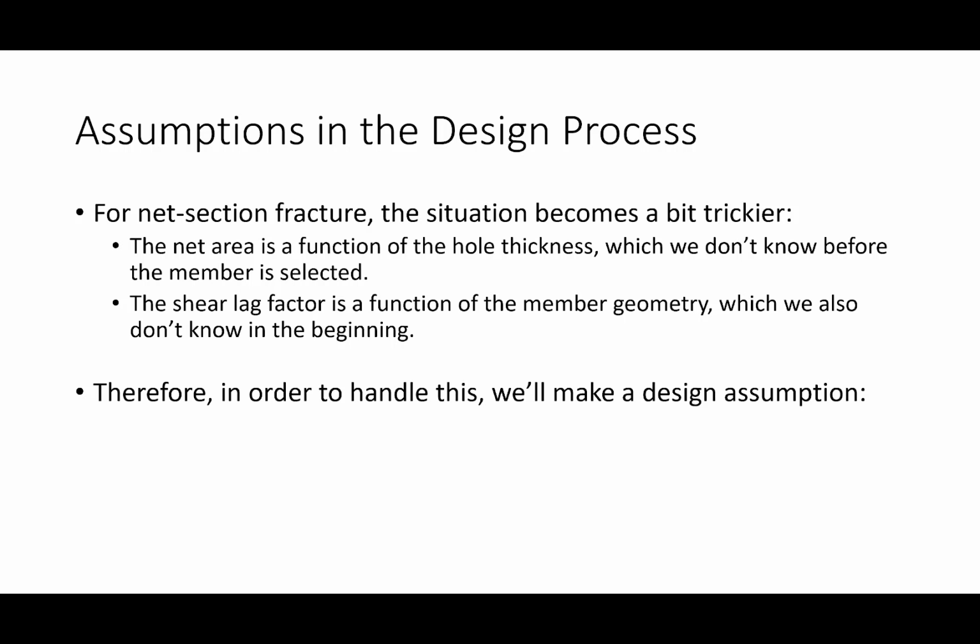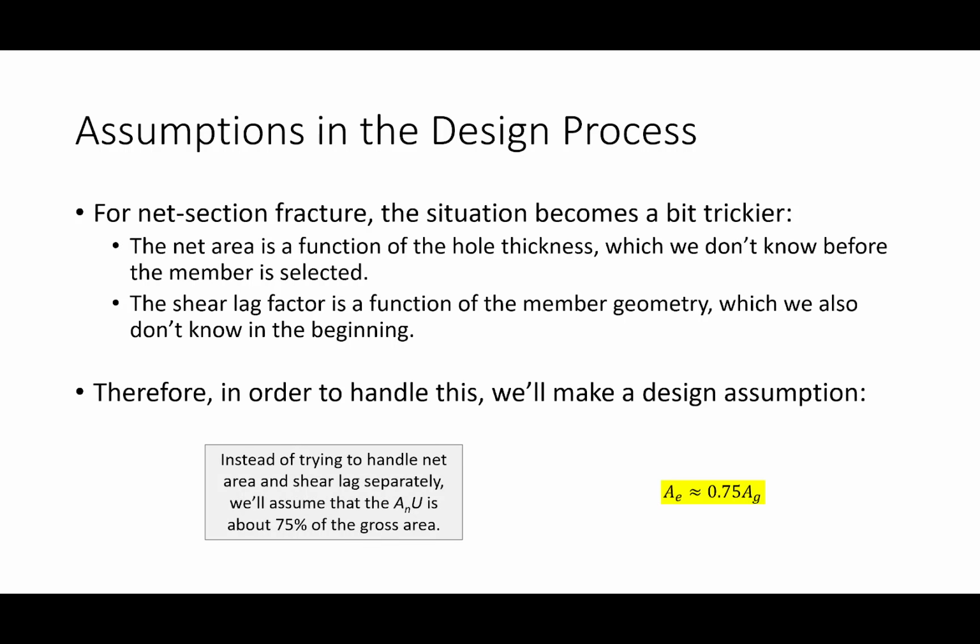So here's how we calculate net section fracture: we say 0.75 Fu An times U, right? That's how we calculate net section fracture. What I'm going to do is, instead of net area times U, say that this quantity is about 75% of the gross area.